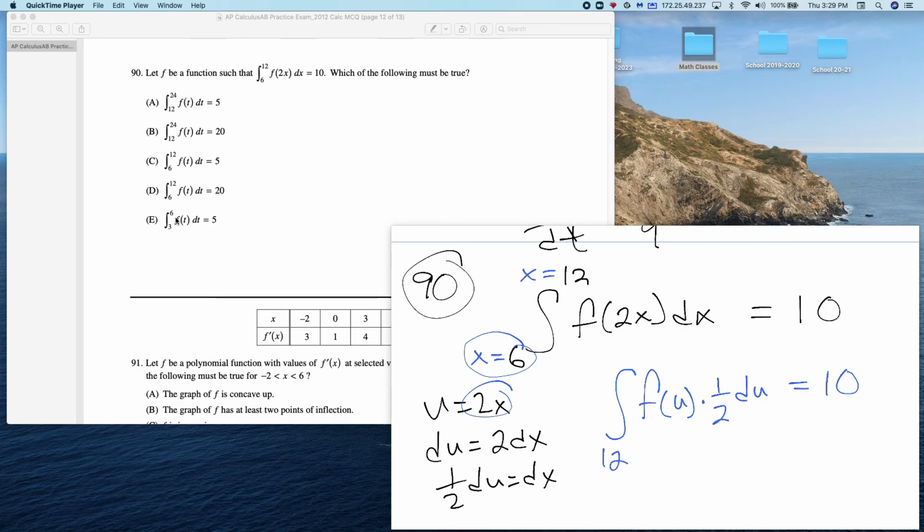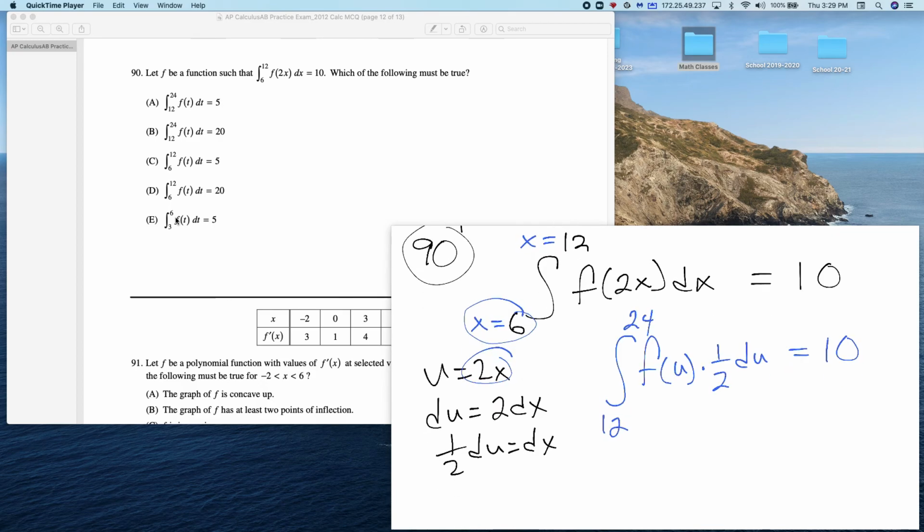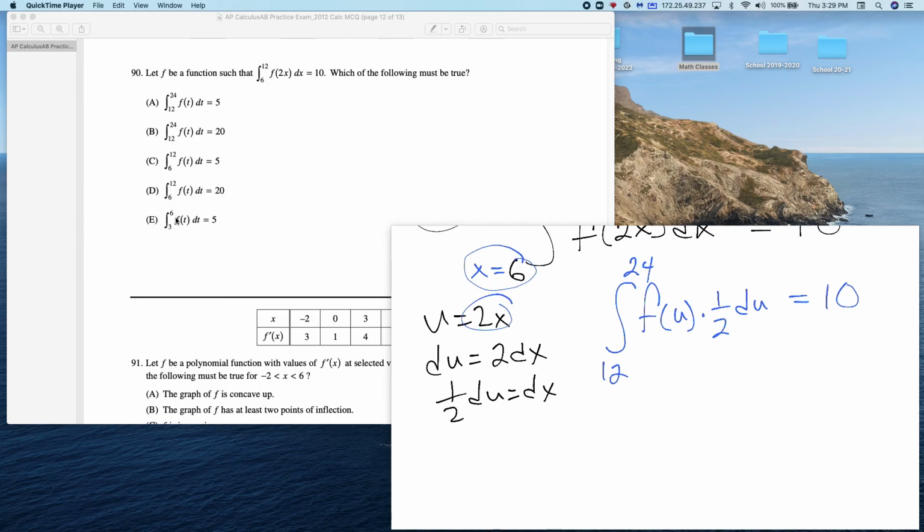This is x equals 12, so this is 24. Now you might say, I don't have that 1/2 in there. Well, let's just move the 1/2 to the other side because it's just a constant. So the integral from 12 to 24 of f of u du is equal to 20, and that's B.